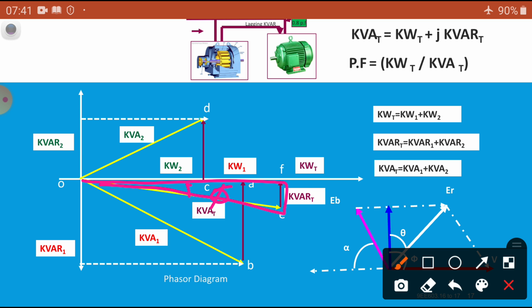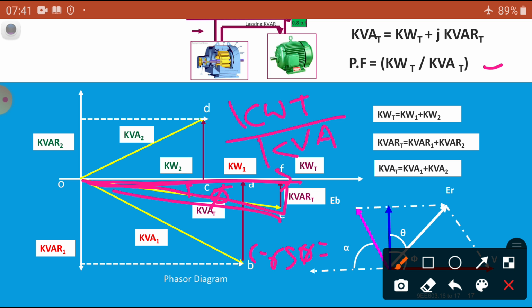This is the angle. So I want the cos phi. Cos phi is equal to, what is the power factor? Cos phi is equal to this value, the total kW divided by the total kVA. That is cos phi. Now what is happening?